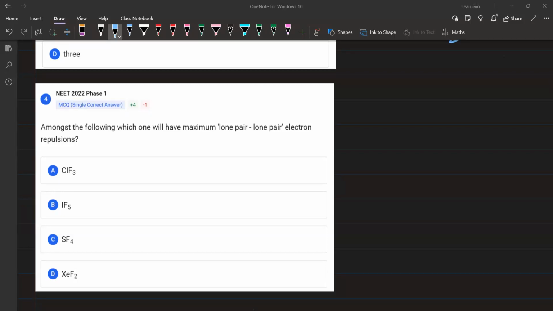Yes, correct. XeF2 will be having the maximum number of lone pairs. That's why maximum repulsion.